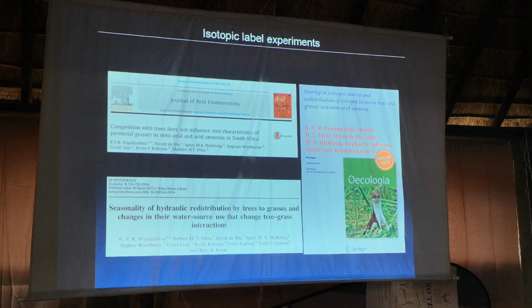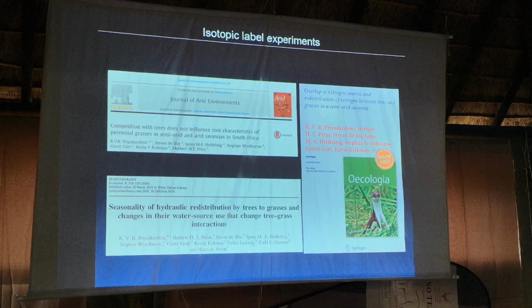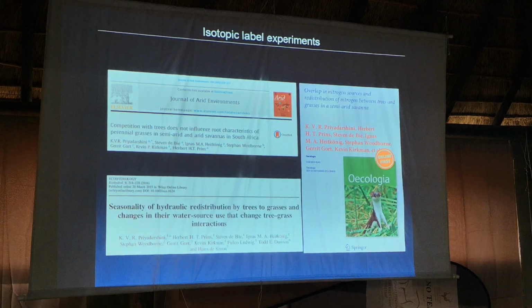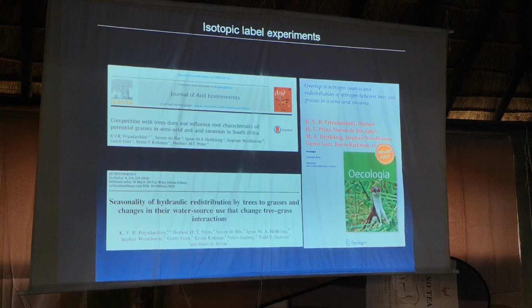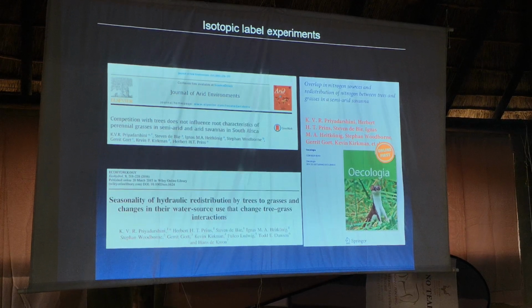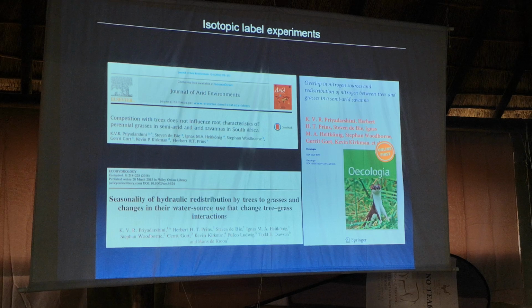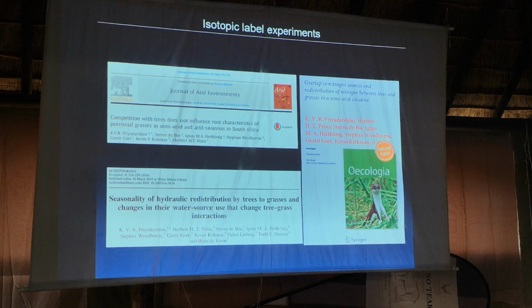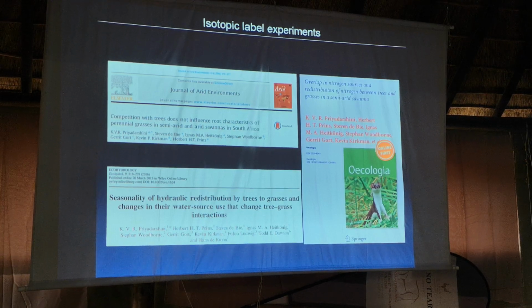Now, the cool thing about isotopes is that you can add a tiny amount of water, like we added 1 milliliter or something to each of these 4 axial samples around the tree, down to 2 meters. And that's not enough water to change the water budget. The tree doesn't suddenly feel less water stressed. And we put in labeled water and labeled nitrogen, and we said, right, what is the tree going to do with this?